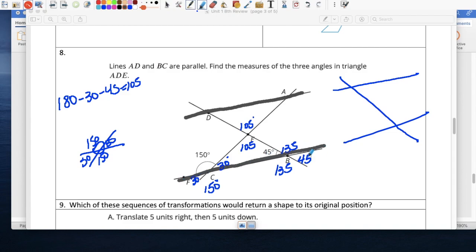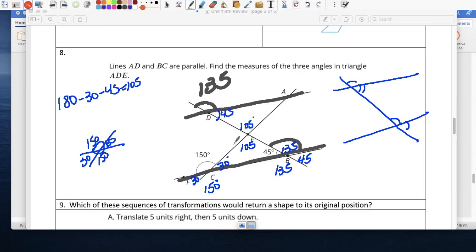This guy here is the same as this guy here, so that makes this 135. And this bottom one, they're corresponding, and this bottom one corresponds to the bottom one, which makes that 145. These two are the same angles as these two. Am I missing one?